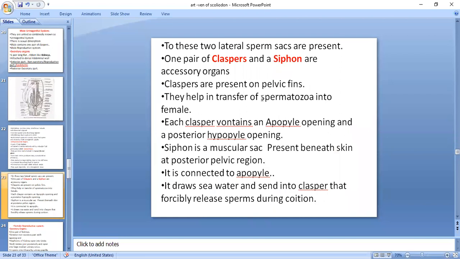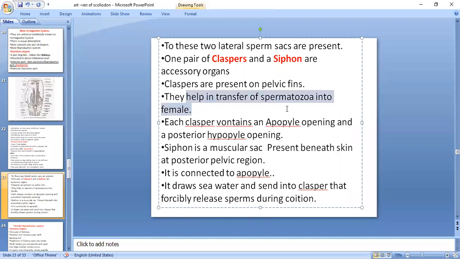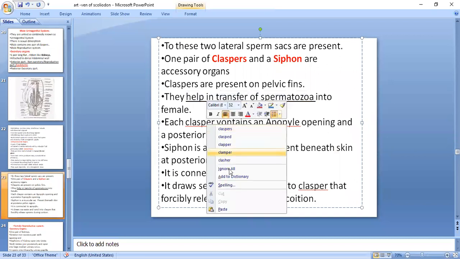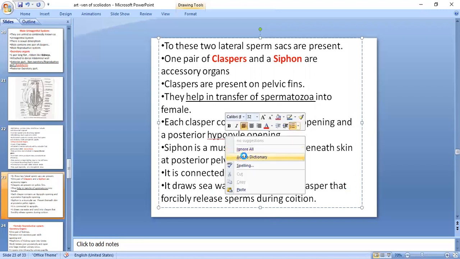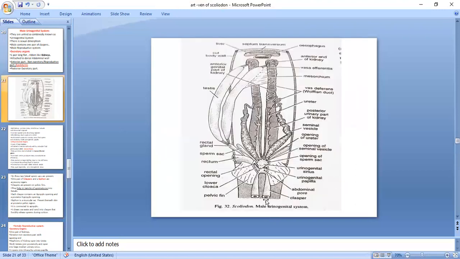They help in the transfer of spermatozoa. In the female, each clasper contains an apopyle, an opening at the anterior, and a posterior hypopyle opening is also present. Here we are able to see only a pair of hypopyles.